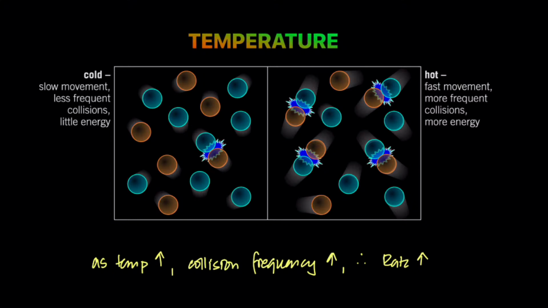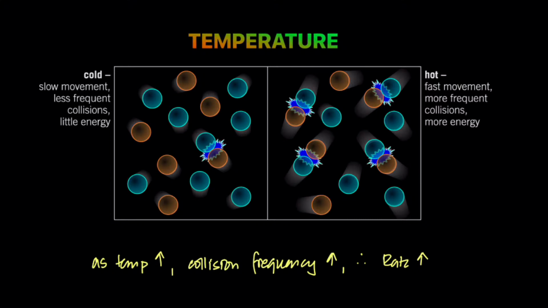Between particles that have less energy and particles that have more energy, which side am I more likely to find particles whose energy is greater than the energy I need? Let's say there's a minimum threshold of energy that you need. We call that activation energy. Out of the two boxes, that's the right box, because they have more energy.